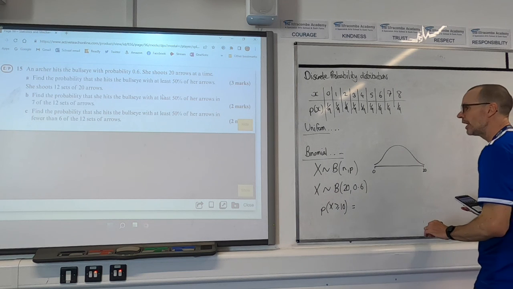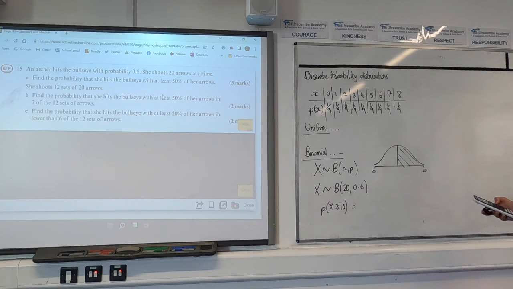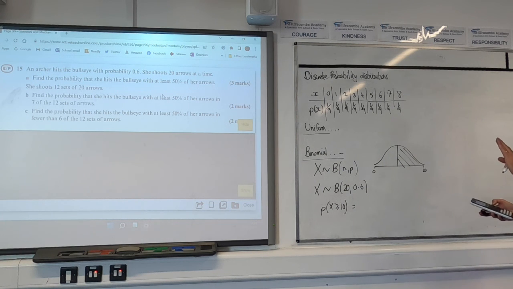At least half of them means that, doesn't it? Remember, it's not symmetrical, so although with the normal distribution this would be a half, with the binomial, not necessarily. So I'm going to put my lower as 10 and my upper as 20. Remember, 0 is a possible score if we were doing less than 10.